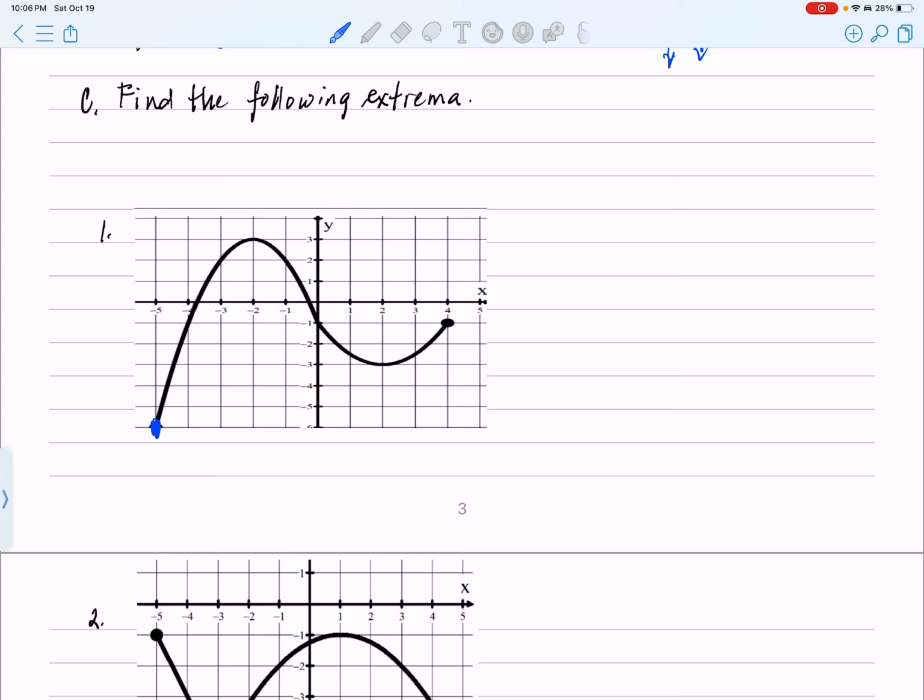So where is this located? And we have an absolute minimum. I could have here, I found an absolute minimum. At what point?